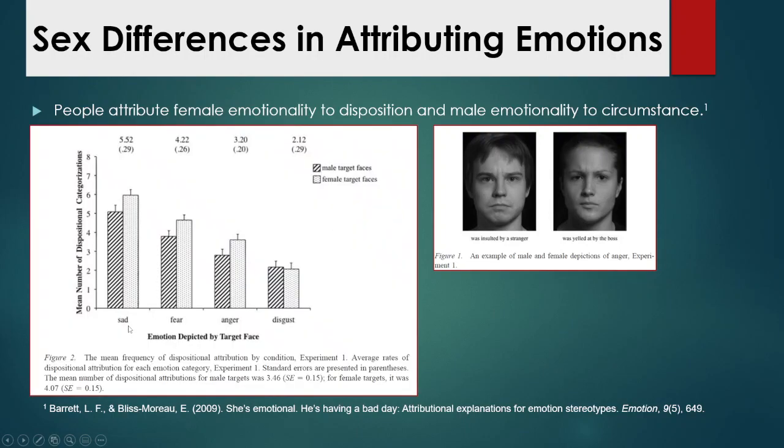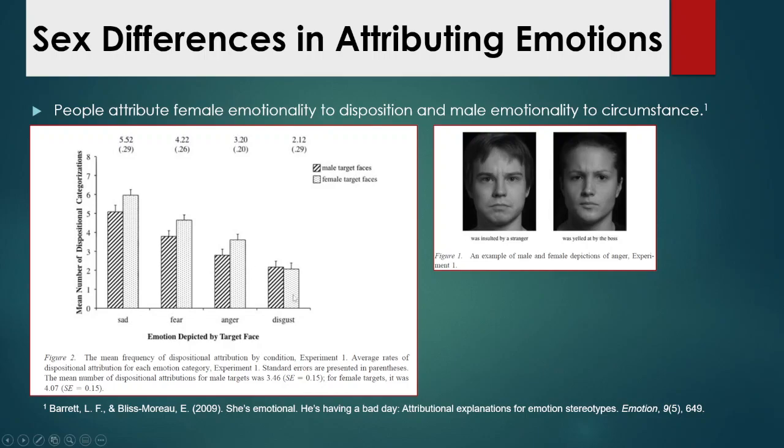So we've got four different emotions that were being tested, and remember that we've got males and females displaying each of them. Across the x-axis we've got sad, fear, anger, and disgust. Then we've got a male face displaying sadness in the striped bar, and a female face displaying sadness in the spotted bar.